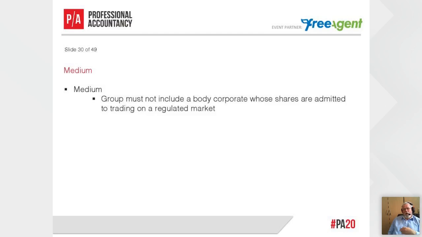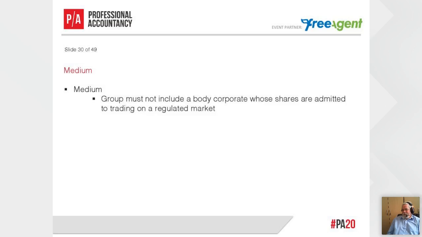So from the point of view of medium-sized groups, if you satisfy all the medium requirements in terms of the 2 out of 3, then in order to be a member of an eligible group, you'd have to have a listed entity where it is listed anywhere on a global basis.